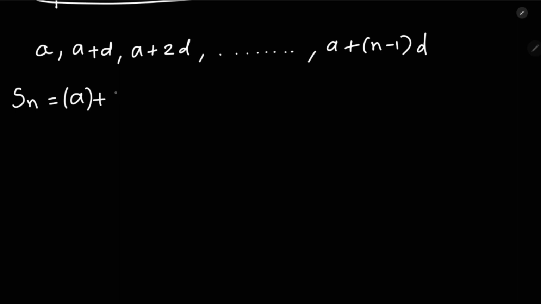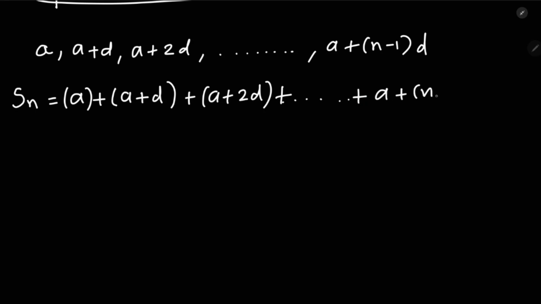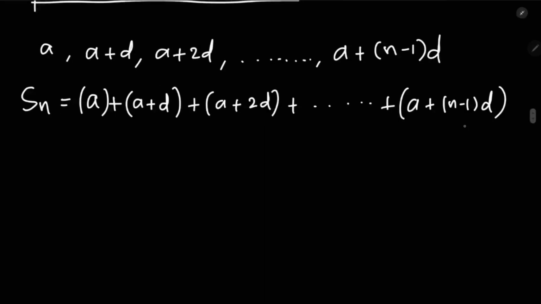So Sn should be equal to A plus, I'll write brackets here to distinguish between the elements, A plus D plus A plus 2D plus, in the end we have A plus n minus 1 D. So this is our Sn, adding the first n terms of the arithmetic progression.